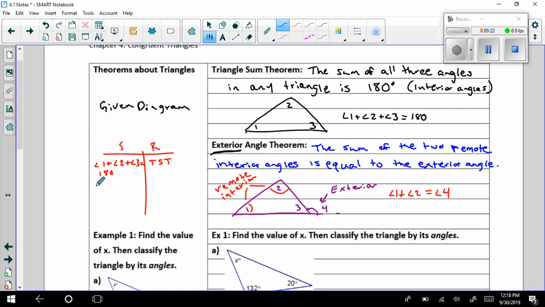Well, we know that angle 3 plus angle 4 equals 180 by definition of a linear pair. I'm really abbreviating here.